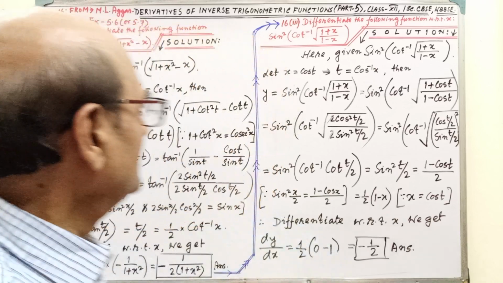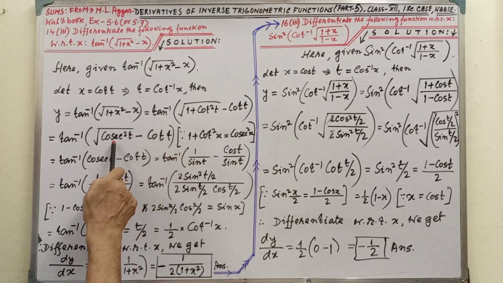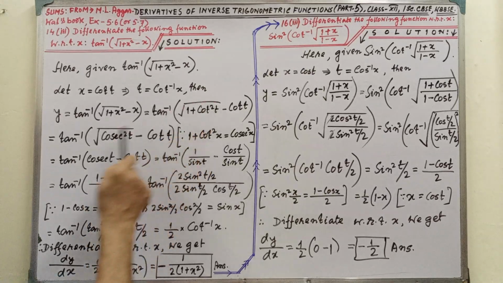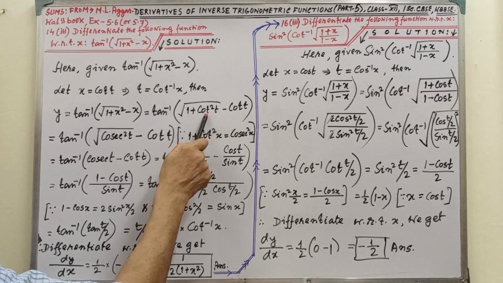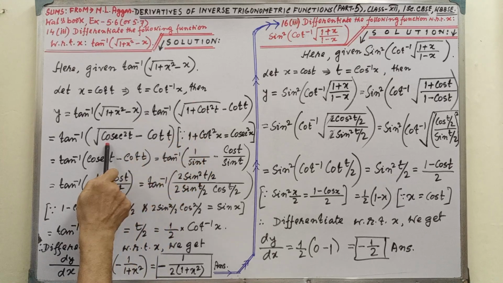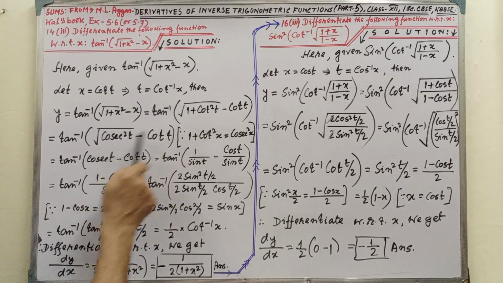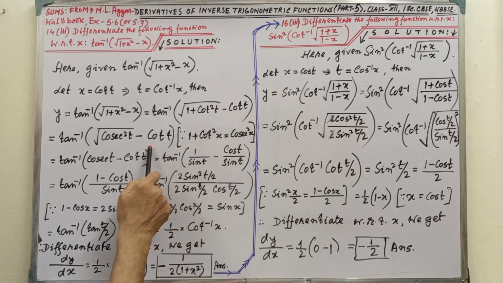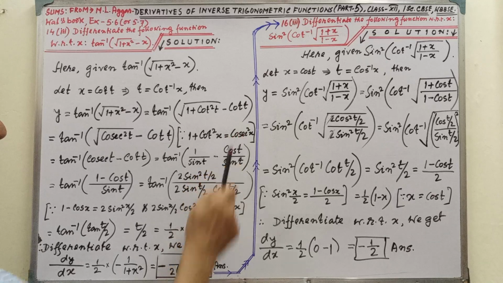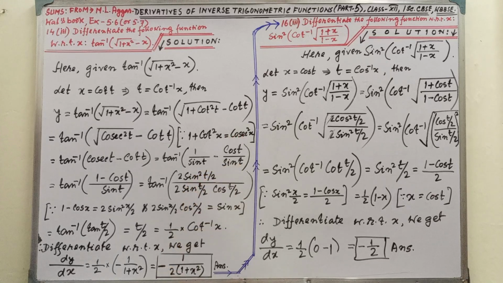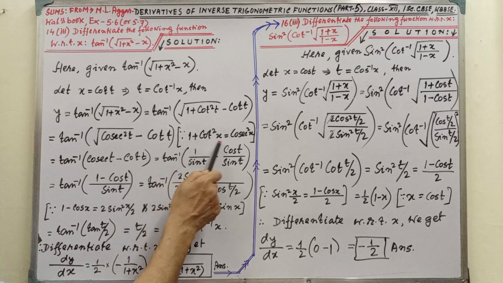From that formula we are writing here, the root will remain as it is. In place of 1 plus cot square t we are writing cosec square t, and it will remain cot t. Since 1 plus cot square x equal to cosec square x, that you may write or may not. If you write, that will be easier for understanding.